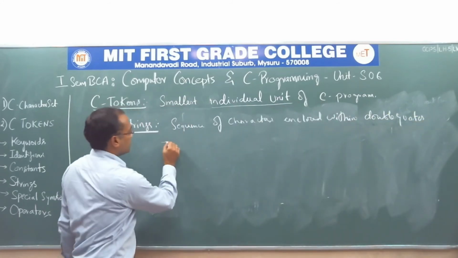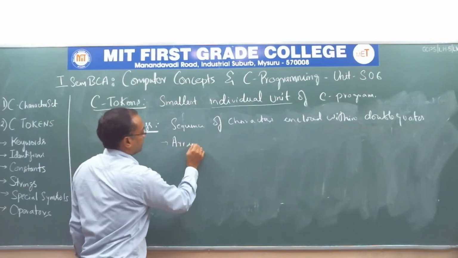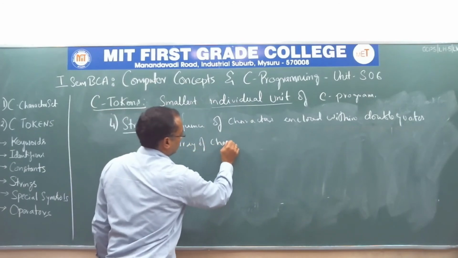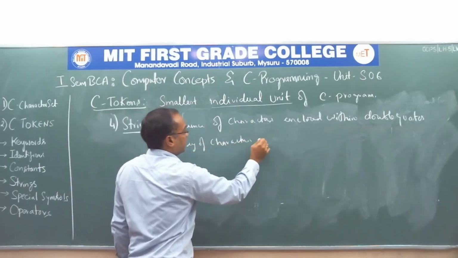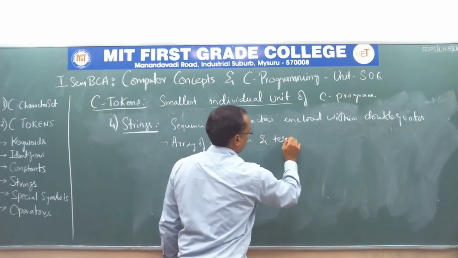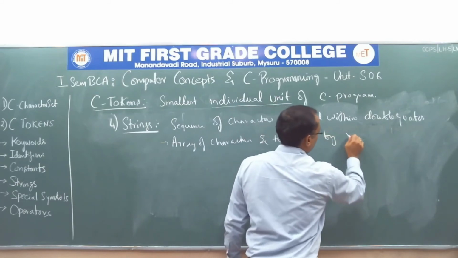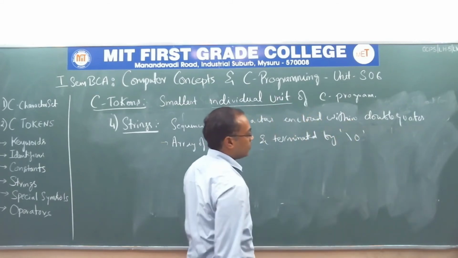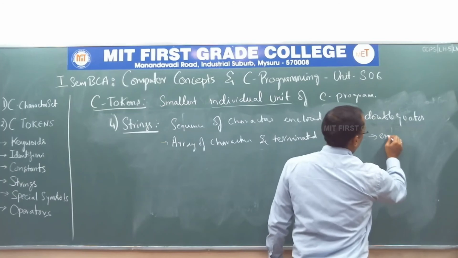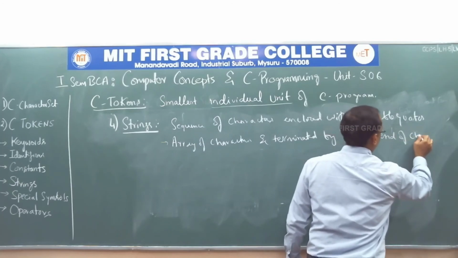So it's also called an array of characters and terminated by a special symbol called \0, which means the end of the string.